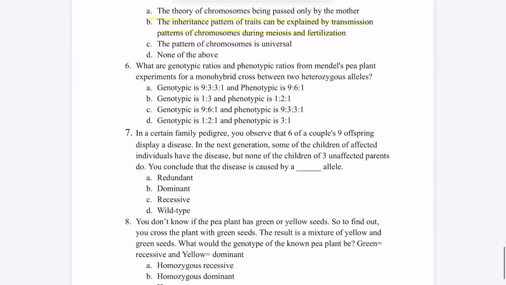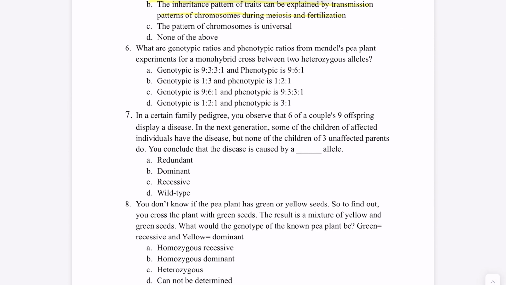Alright, question 6. What are the genotypic ratios and the phenotypic ratios for Mendel's pea plants in experiment for a monohybrid cross between 2 heterozygous alleles? So the key word here is monohybrid. So wait, why do we see a 9331? That is a dihybrid. So we automatically know that A and C can't be it, right? 9331 is a dihybrid cross.